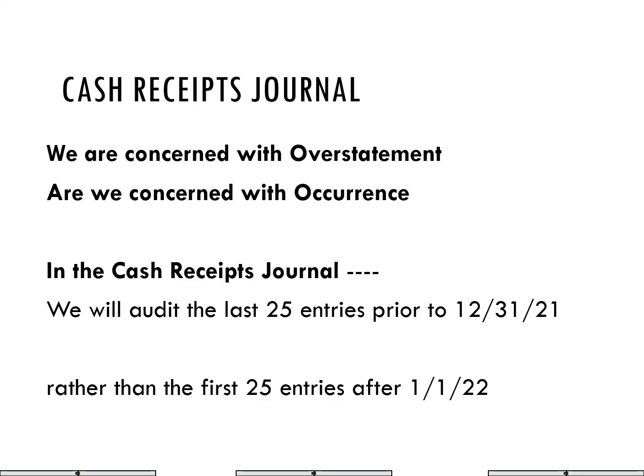Cash cutoff, December 31st, 2021. Cash receipts journal: we're going to audit cash receipts and cash disbursements separately. For cash receipts, we're concerned about occurrence and overstatement. We're going to audit the last 25 entries in the December 2021 cash receipts journal.